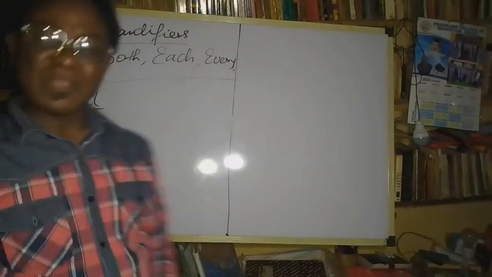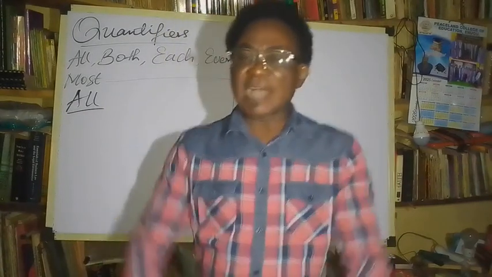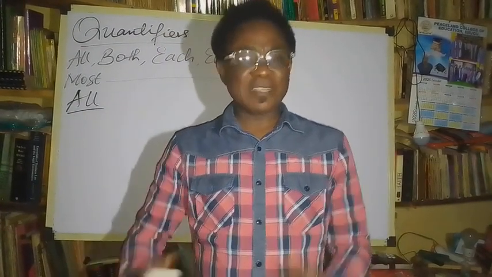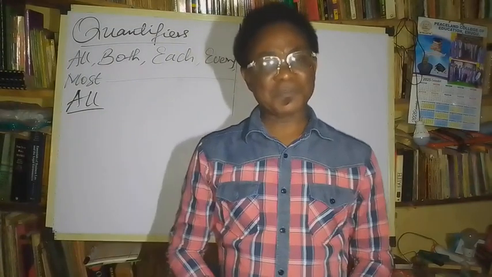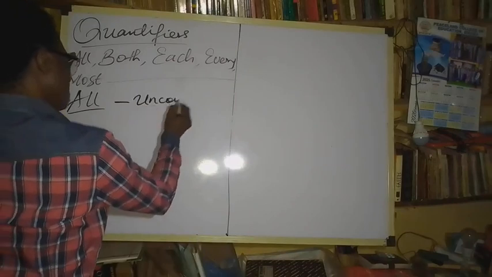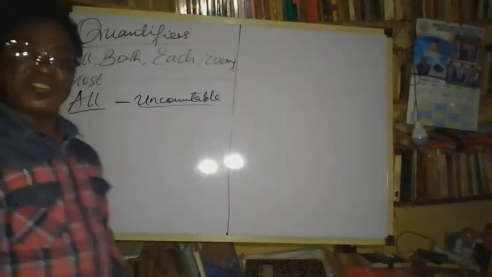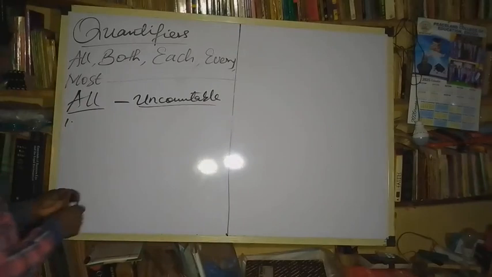All. First of all, we'll take a look at how to use all as a determiner. Remember that when it is a determiner, it is an adjective identifying the quantity or amount of nouns that are involved. Let us talk about all. When it is used with an uncountable noun, let us take an example.